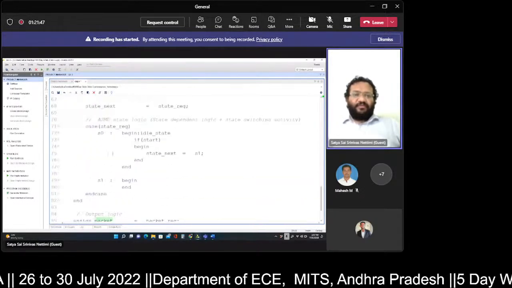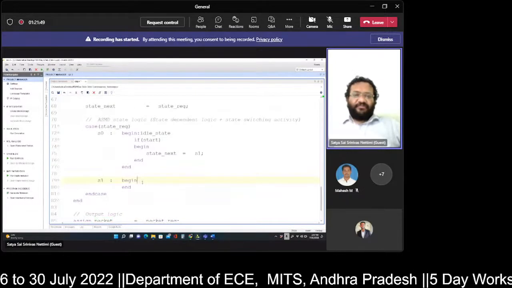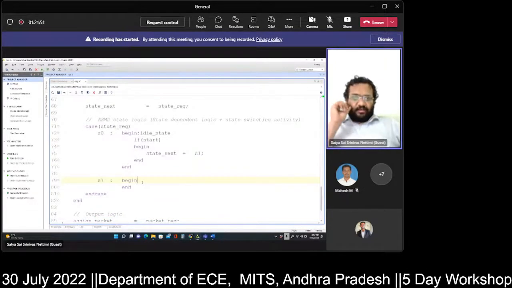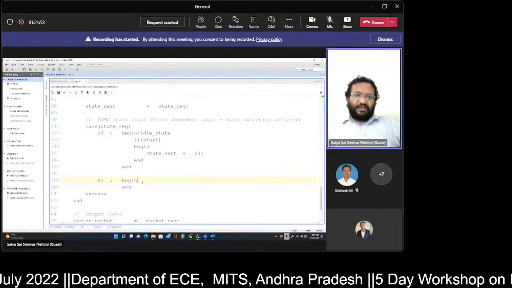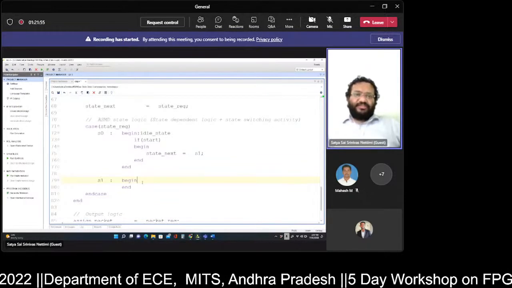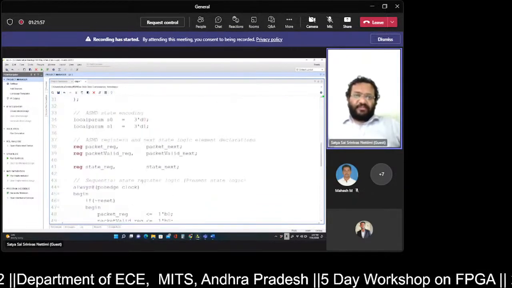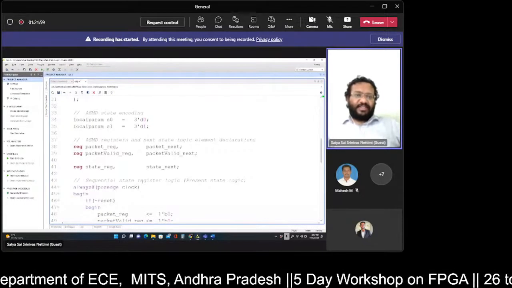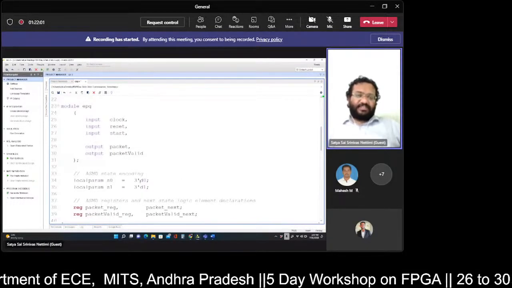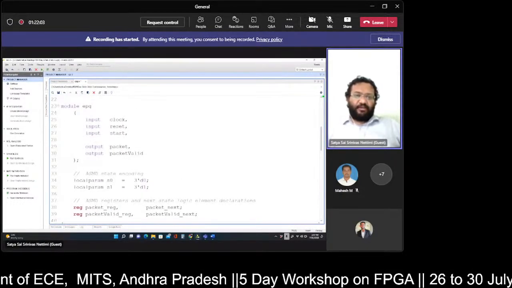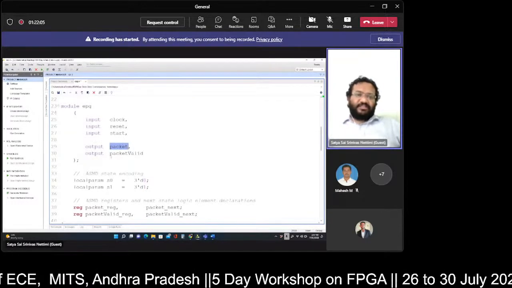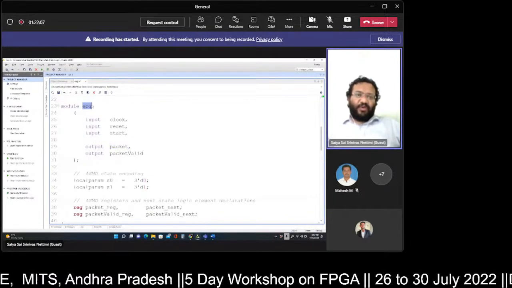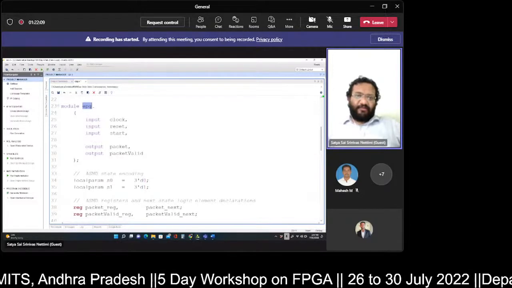So soon after jumping into the S1 state, the FSM has started to generate the frame. The frame bits are generated sequentially and transmitted serially on the packet output. So from the next clock cycle, the EPG is going to transmit the frame packet.